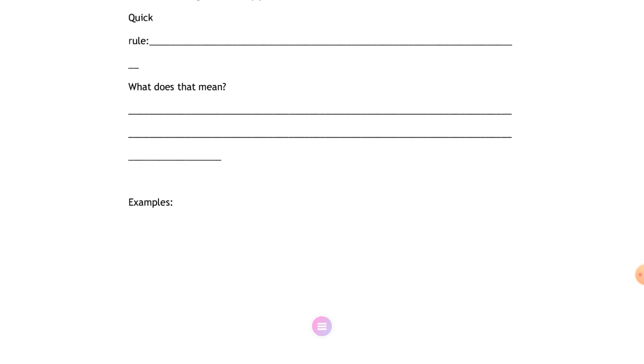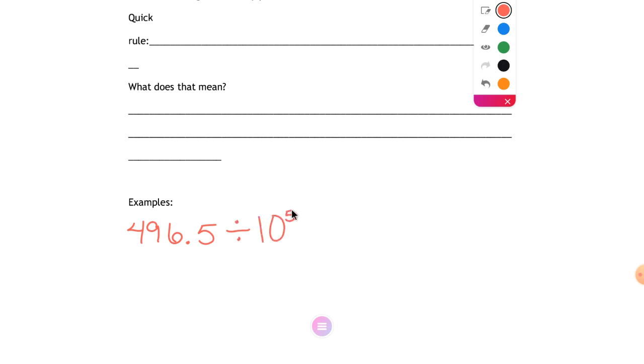Let's do 496.5 divided by 10 to the 5th power. Jude, help me out. What do I do?